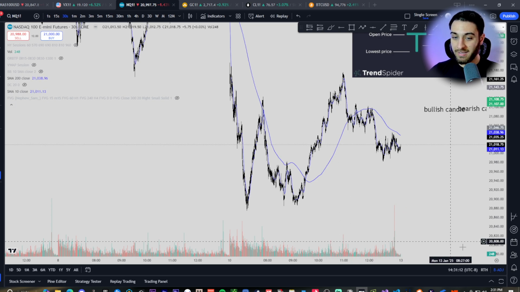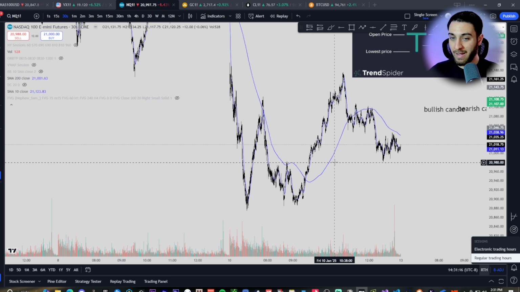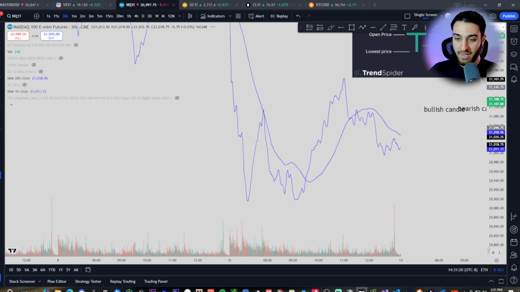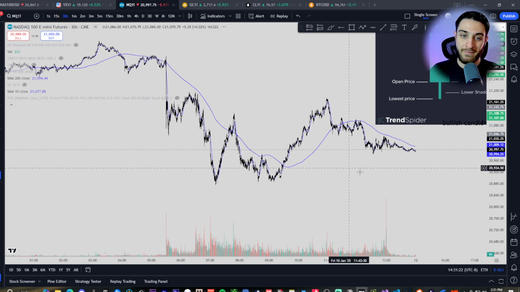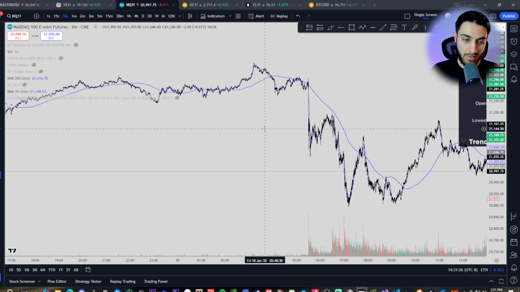But again, this is not going to represent the specific futures hours time window. The futures hours time window is only closed from 5 p.m. to 6 p.m. Eastern. If you click electronic trading hours, it will tell you everything for that specific time range for futures, right? It will give you all the information.